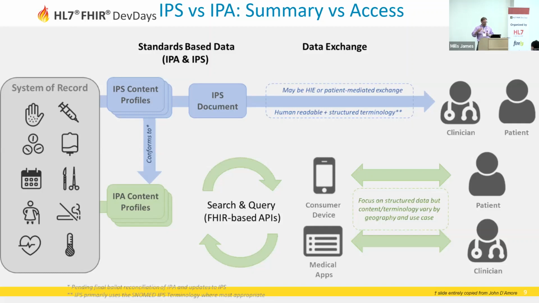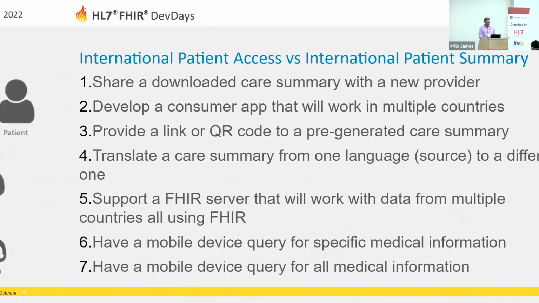Whereas IPA is that consumer device, FHIR REST, APIs, limited terminology in that core spec, which is likely built on top of, perhaps, by region-specific profiles and specifications.